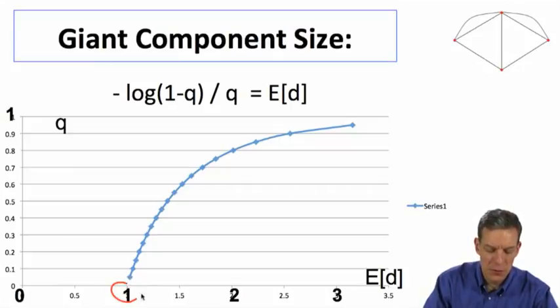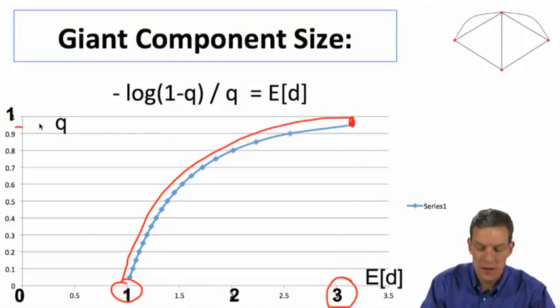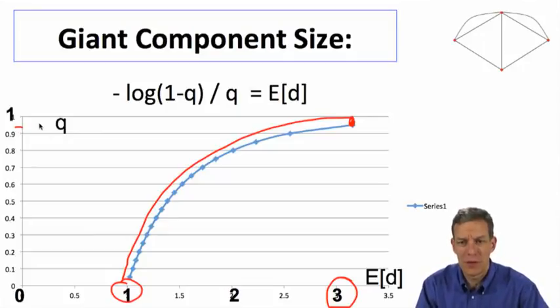So q is very small at 1, and then the giant component grows, and by the time you get up to an expected degree of 3, your q is very large. It's already close to 95%. So by a degree of 3, we've hit close to 95% of the size of the giant component, and at 1 we're close to 0.